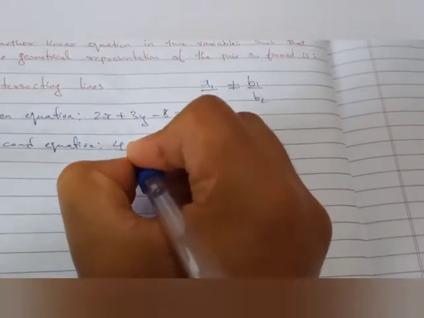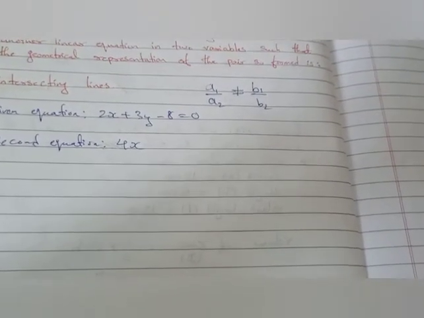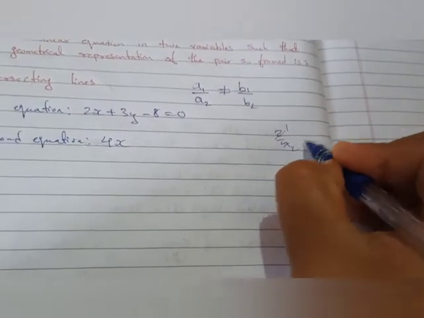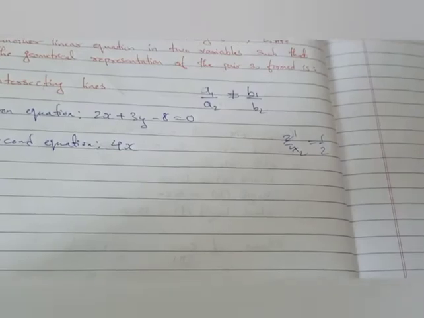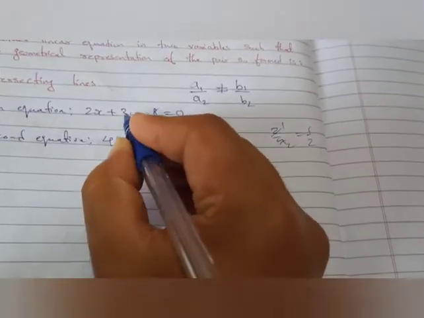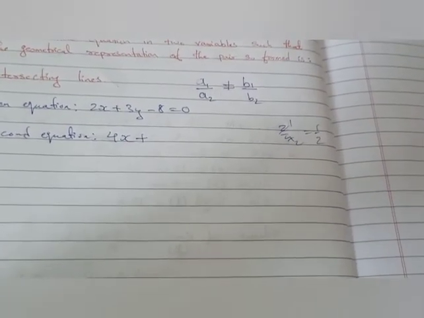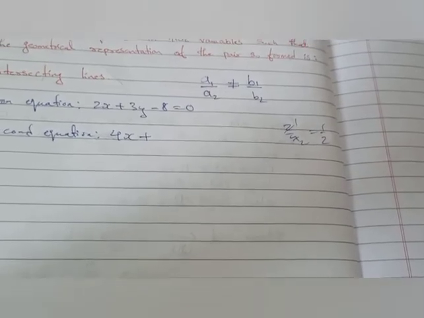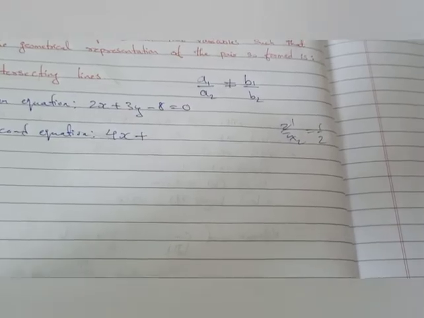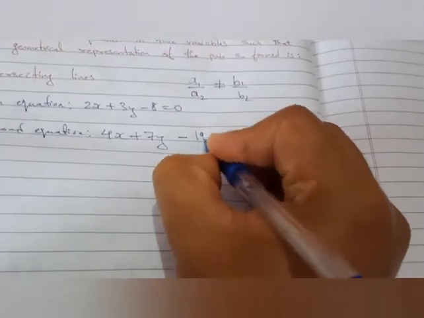If we write 4x, that means the coefficient of x for the second equation is 4, then a1 by a2 will be 1 by 2, as 2 by 4 will be 1 by 2. Now the only thing that we need to take care of here is the coefficient of y should not be 6y, as if we write 6, then 3 by 6 will also give us 1 by 2. So apart from plus 6, we can write any other value here. So let's write plus 7y minus 19 equals to 0.